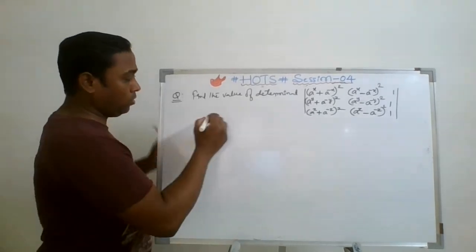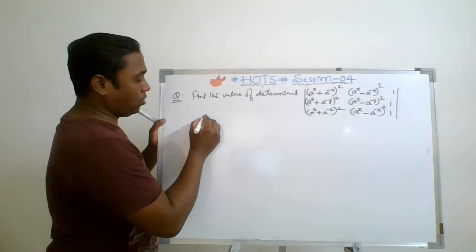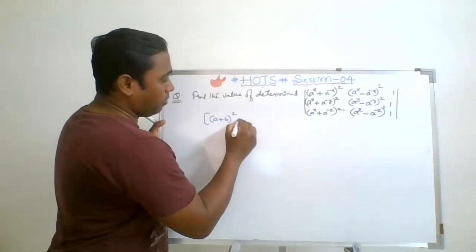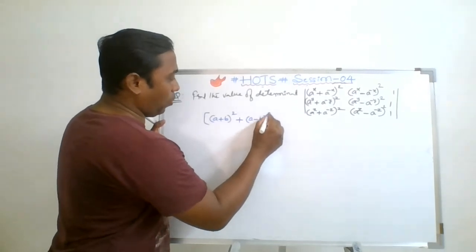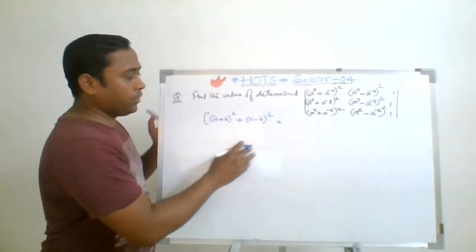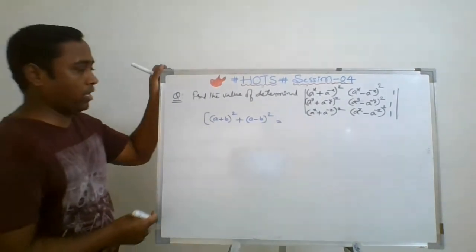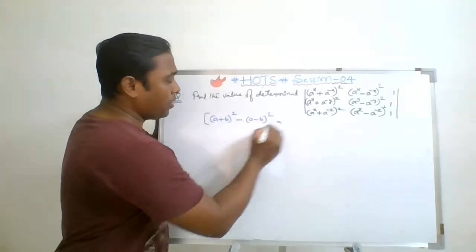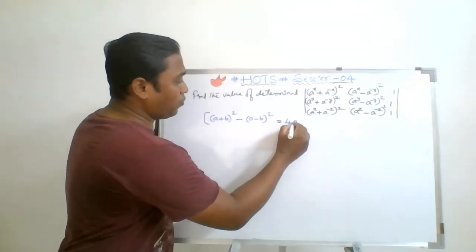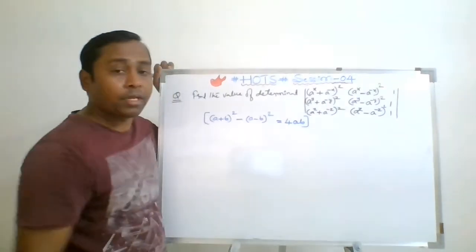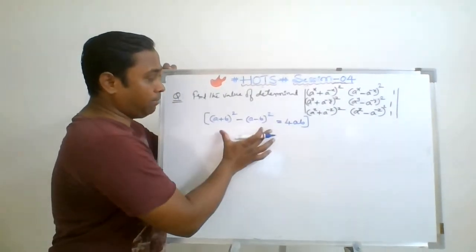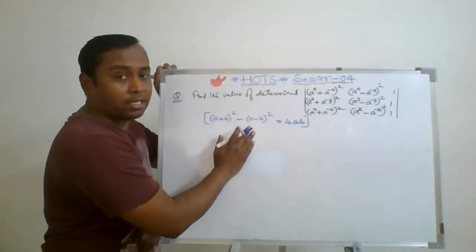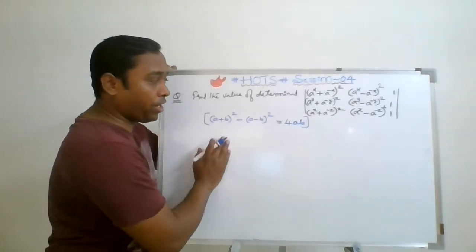It is basically framed on the identity a plus b whole square minus a minus b whole square. If I subtract these two identities, ultimately what is left is 4ab only. So this is framed based on the identity a plus b whole square minus a minus b whole square equals 4ab.